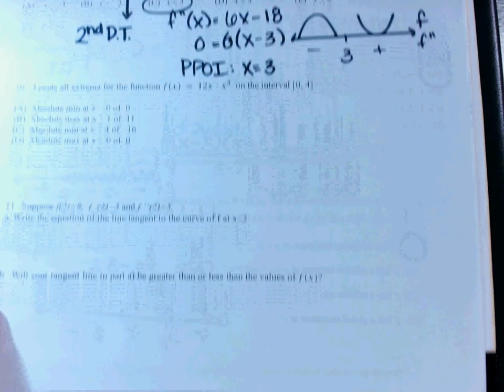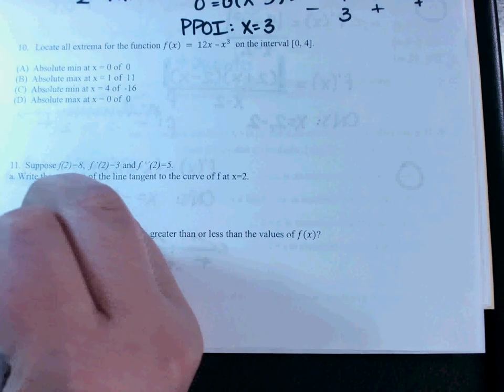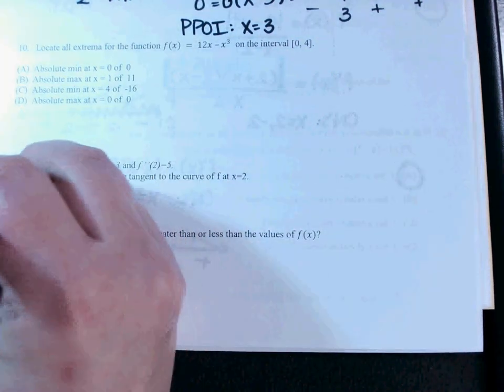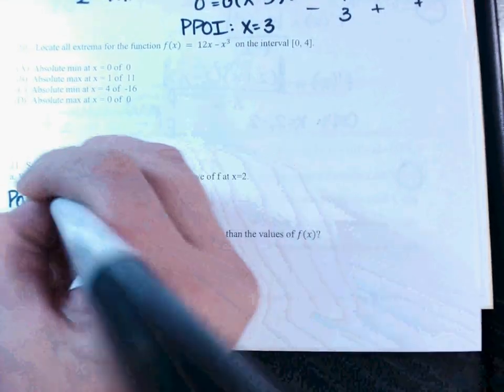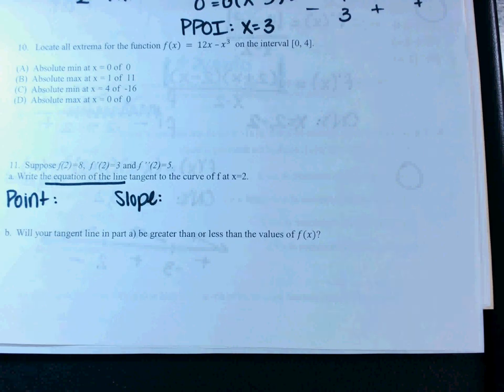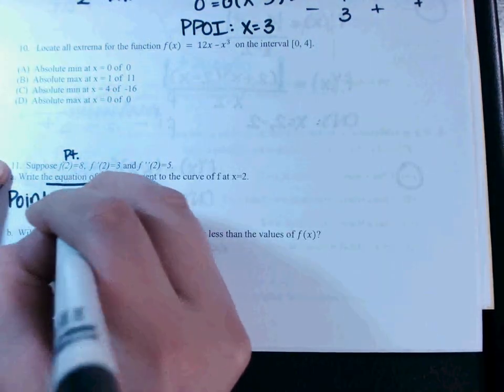Okay, come down to number 11. How do you do the equation of a tangent line? Okay, you need a point and a slope. Now look, they gave you some crap. Which one's the point? F of 2, good. F of 2 is the point. What does that make my point? 2, 8.